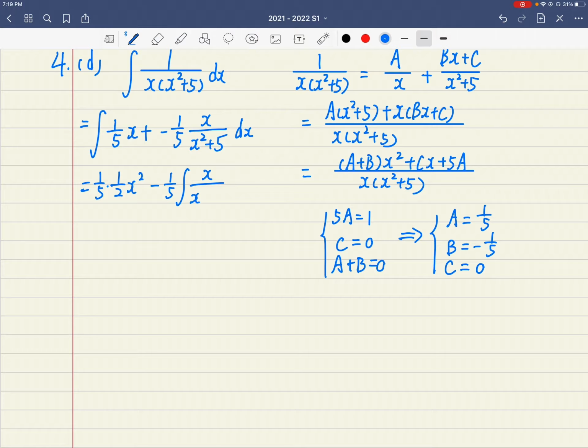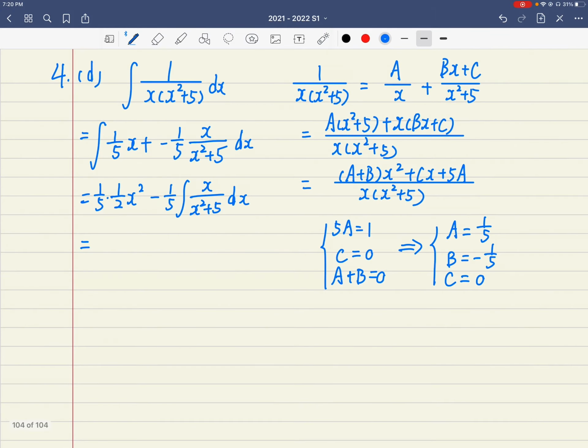You integrate this part. When you integrate this part, you can use the substitution method. Wait, sorry. Here's a typo. It's 1 over 5 times x, so here the x is on the bottom.